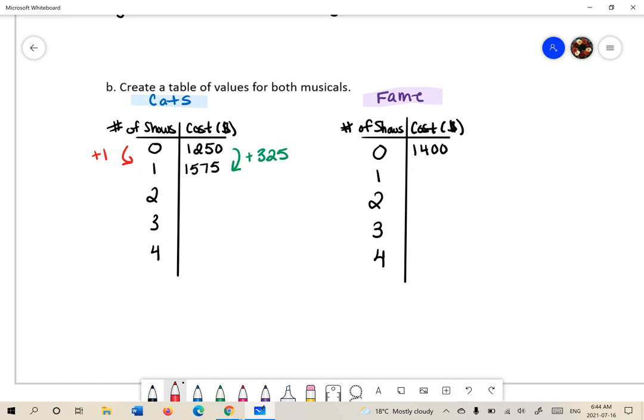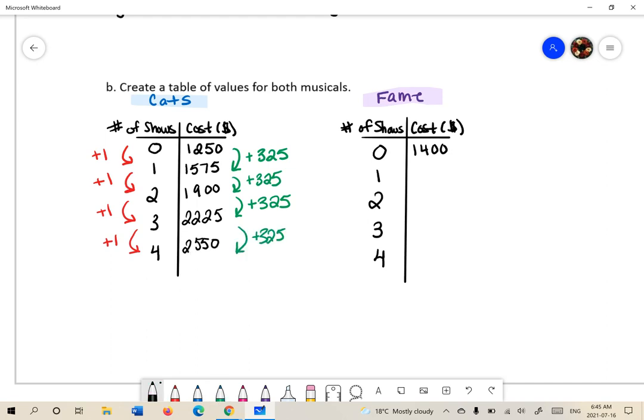When x is increasing by 1, y is increasing by 325.